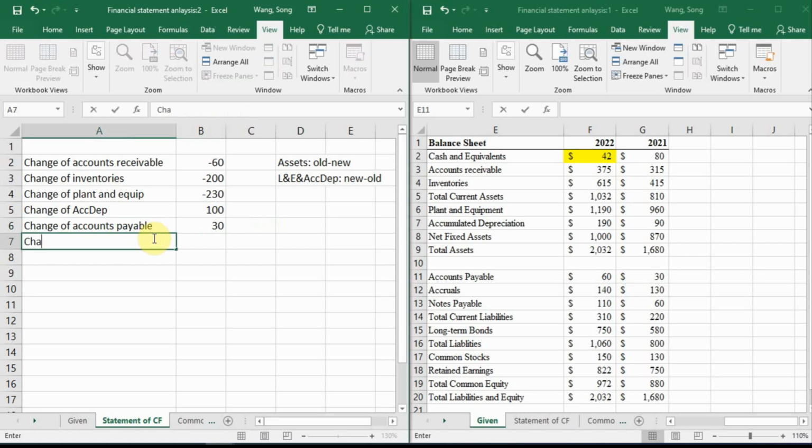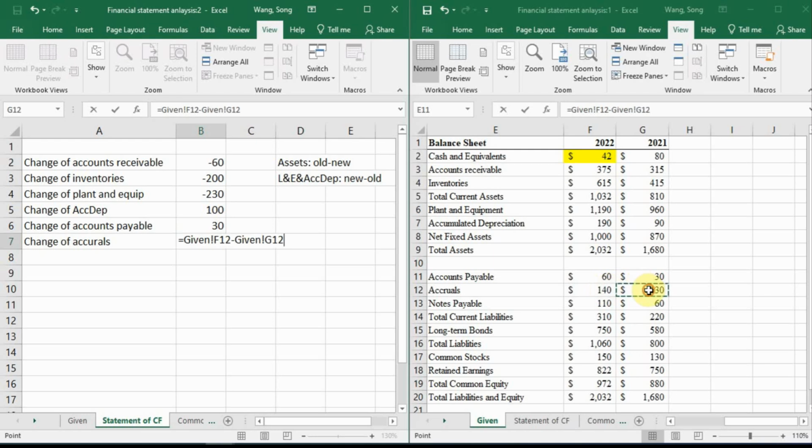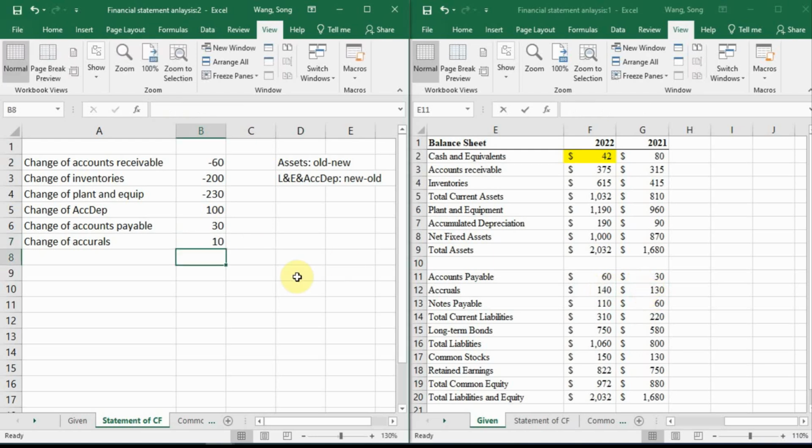The next one is a change of accruals, which is unpaid rent, utilities, and the bills. And it is also taking the format of a new minus old. So it increased by 10. That means I saved some cash somehow by not paying the bills.